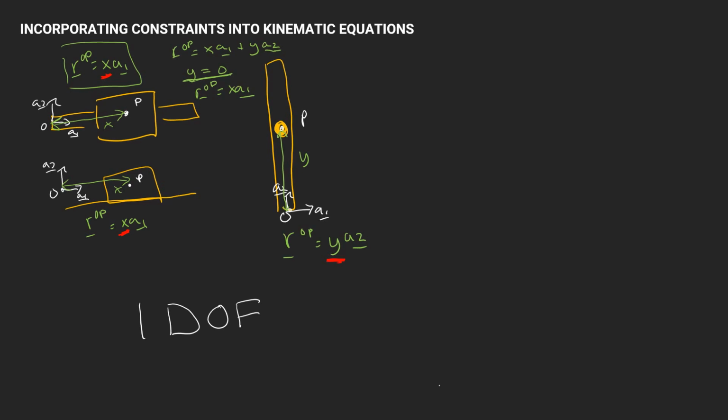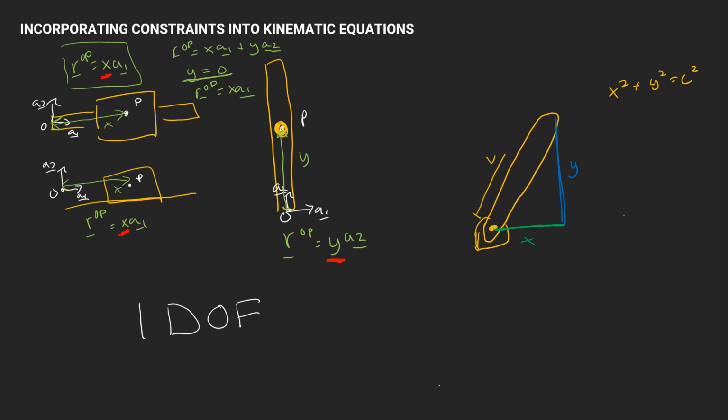Let's go back yet again to our rotating rod example. I mentioned that the holonomic constraint equation for this pivot point here is x squared plus y squared, where this is x and this is y, equal to L squared.